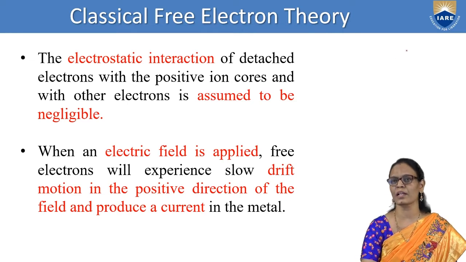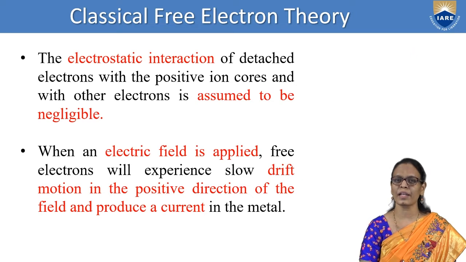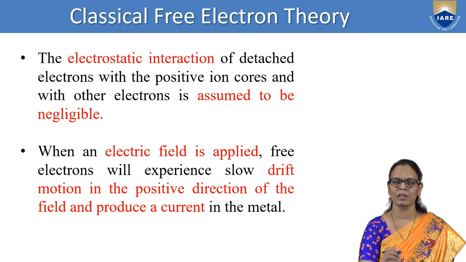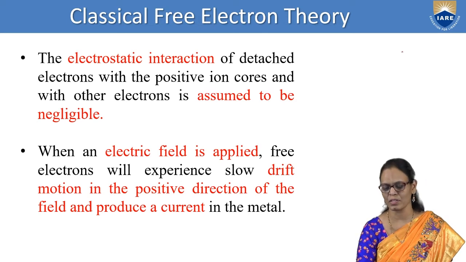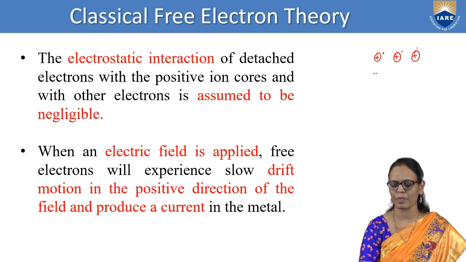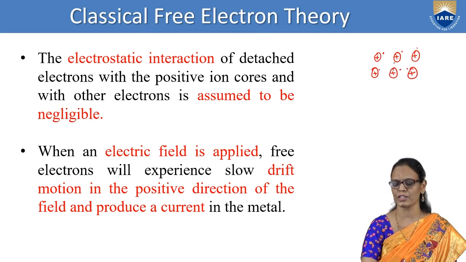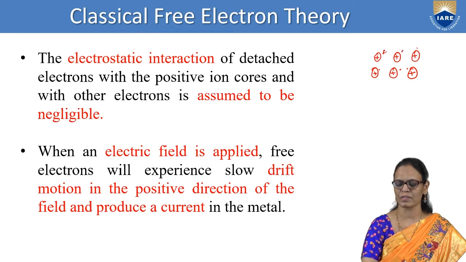If you consider a solid, or I will consider an atom, in an atom you have a number of positive and negative ions. When the electrons are detached, I will represent them like this. Suppose you talk about a crystal lattice or a solid. The electrons that are detached are shown. These are electrons.